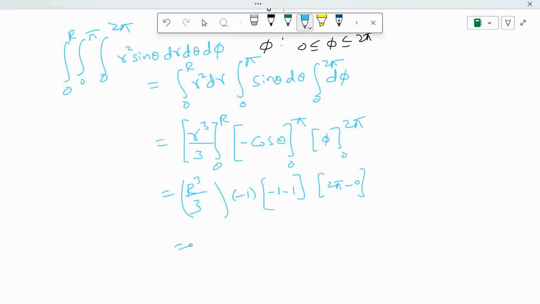Now it is like 2 pi minus 1 is minus 2 into minus 1 is 2, 2 times 2 pi is 4 pi r cube by 3. So this is the volume of sphere with radius r.